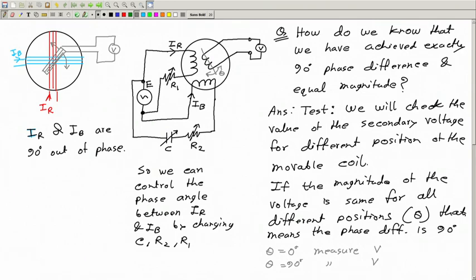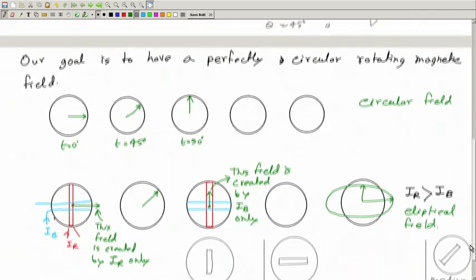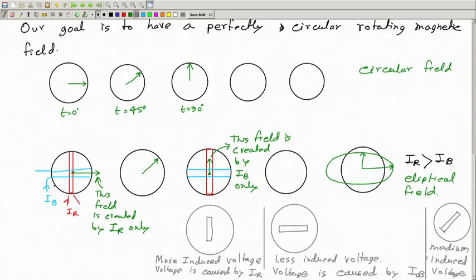If they are equal, then we are happy. Then we may do some more tests to be more satisfied, like making theta equal to 45° and measuring V. If once again we get the same value of V, we are happy, we are done. That means these two currents are 90° out of phase and are of equal magnitude.